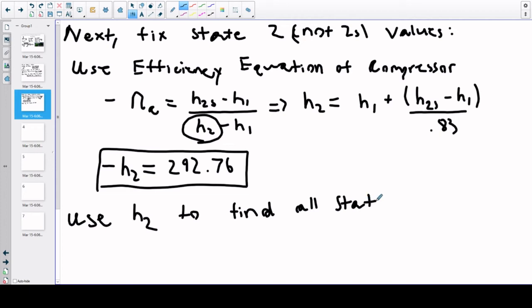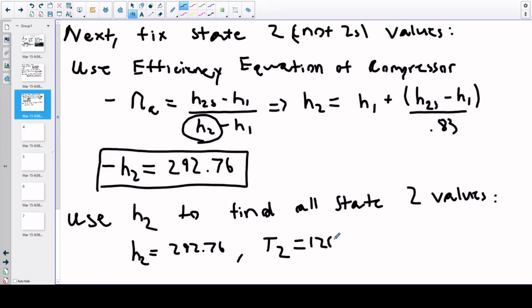That means just the temperature is all we need to find here. And so, H2 we find to be 292.76, and T2 to be 1206 Rankine.